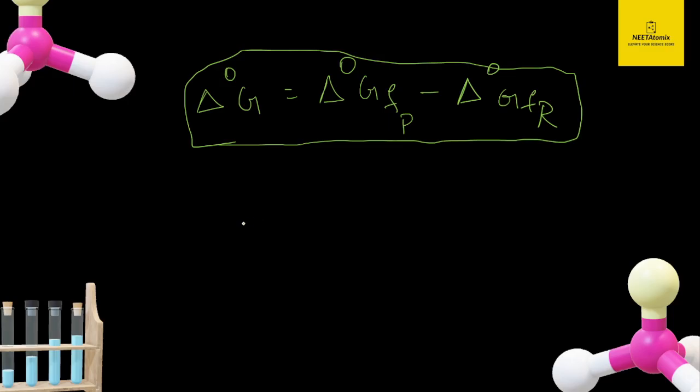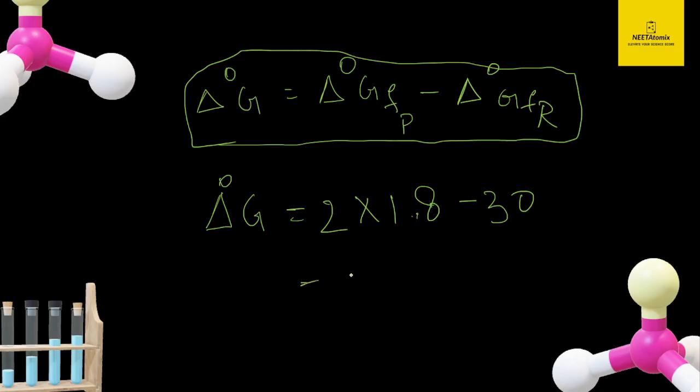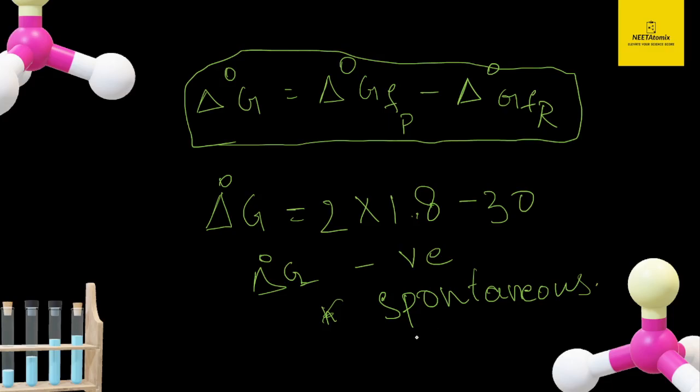If we substitute the values, 2 moles of HI are there, and for 1 mole the delta G naught is given as 1.8. So 2 into 1.8 minus 30. We'll get delta G naught as negative, which means the reaction is spontaneous. Delta G negative means it is a spontaneous reaction.